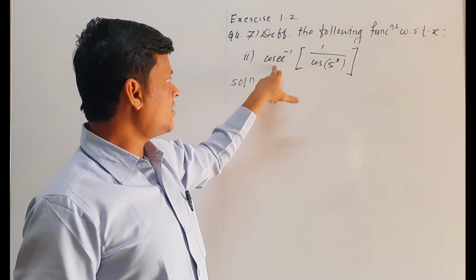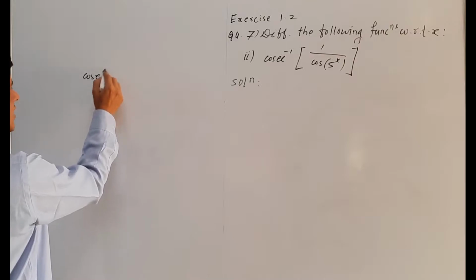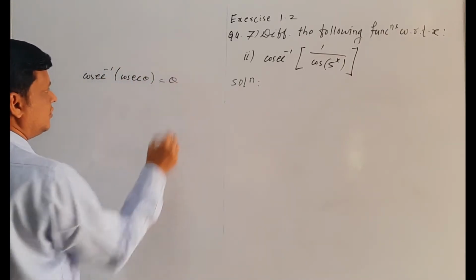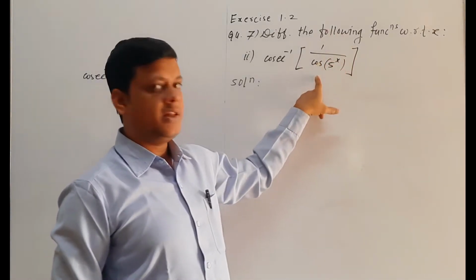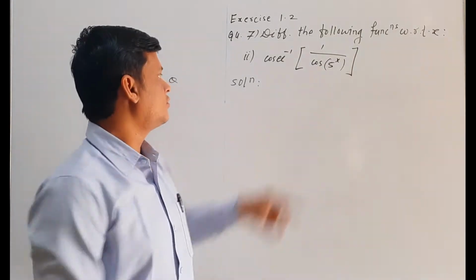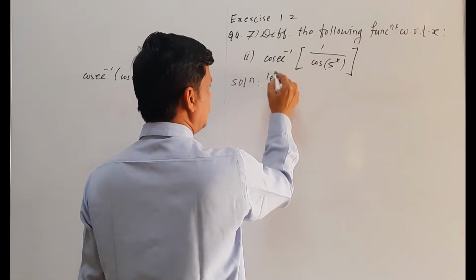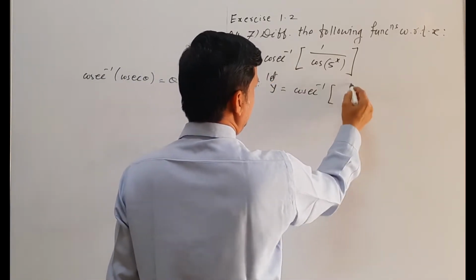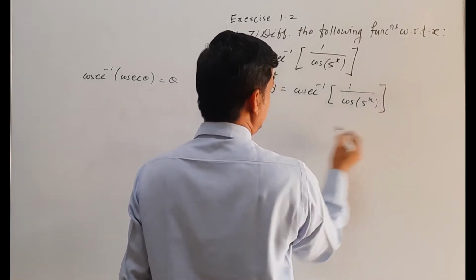Here the outer function is cosec inverse of, so we write here cosec inverse of cosec theta is equal to theta. That means we have to reduce this bracket in the form of cosec. So we write the given solution as, let y is equal to cosec inverse of 1 upon cos 5 raised to the power x.